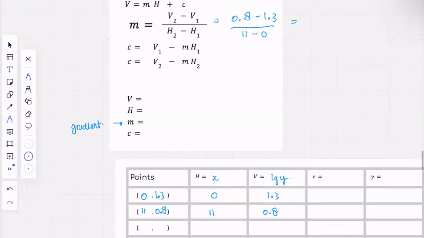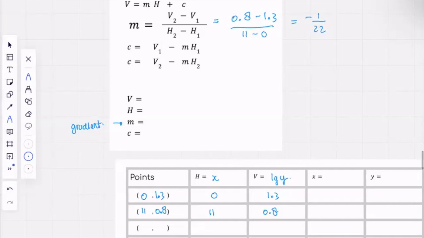If we use the calculator, 0.8 minus 1.3, divided by 11 minus 0, you get the fraction negative 1 over 22. So we leave it as a fraction first.